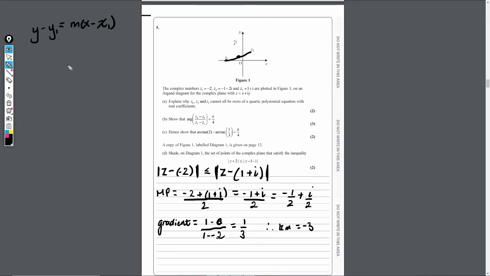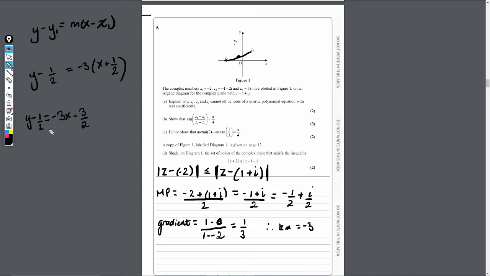Plugging all this in, my y1 is a half, so it's y minus a half equal to minus 3, our gradient, times x minus x1, which would be minus a half, so that'll be plus a half. Now we just simplify all this, so I've got y minus a half still, minus 3x minus 3 over 2.